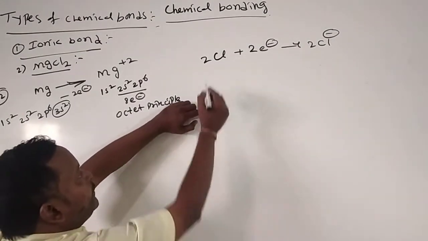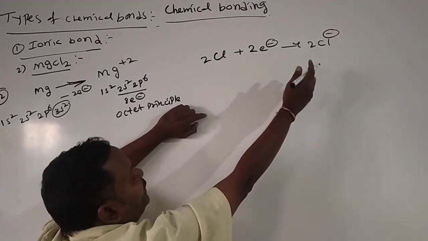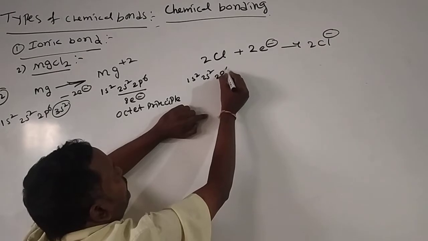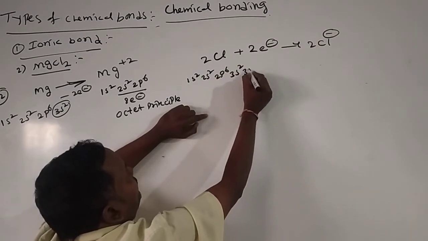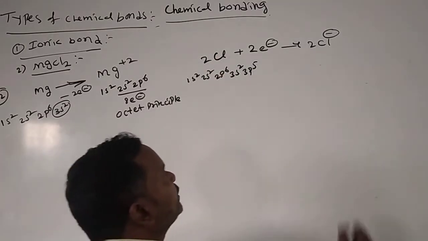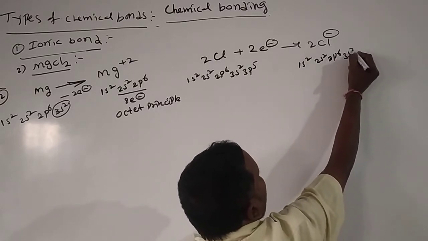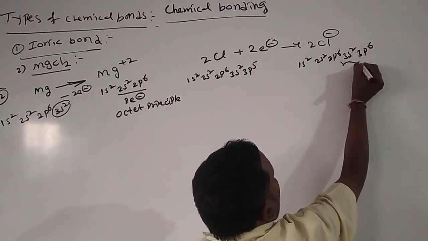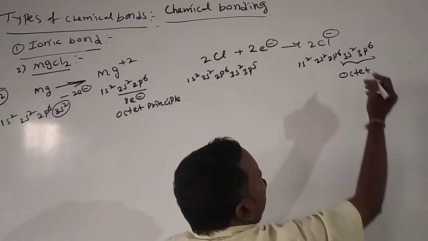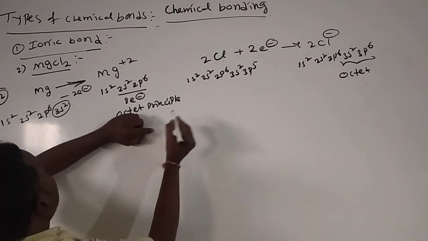Already said, chloride ion is more stable than chlorine. Why? Because it follows the octet principle. The electronic configuration is 1s2, 2s2, 2p6, 3s2, 3p5. By gaining 1 electron each, each atom gets 1s2, 2s2, 2p6, 3s2, 3p6. It follows the octet rule, so it is stable. Both react with each other.